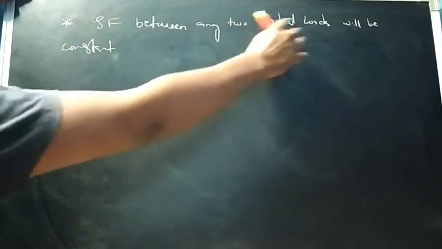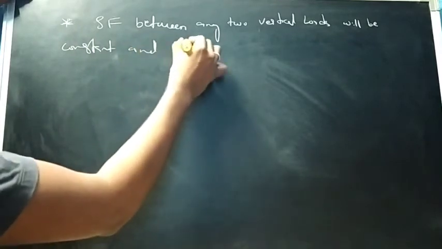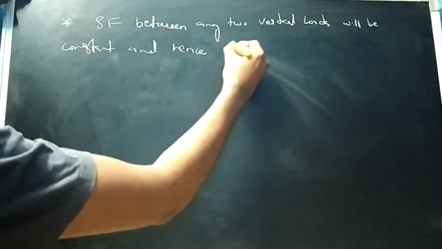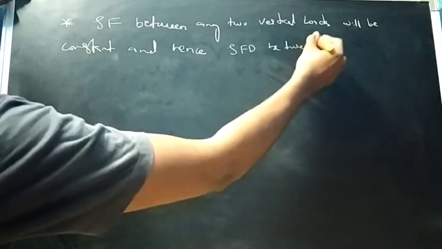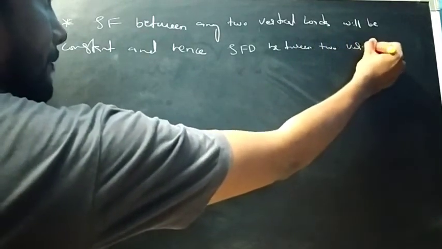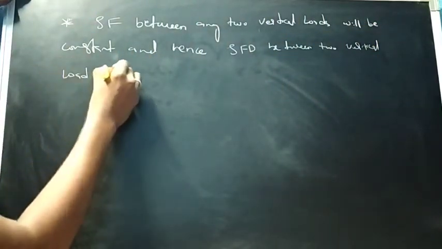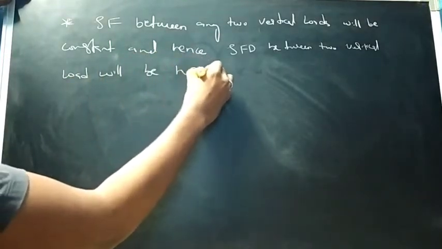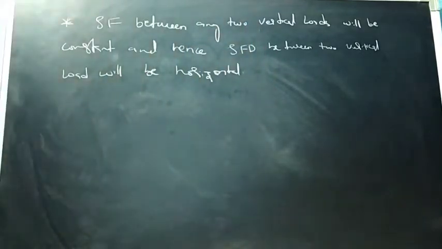Shear force between any 2 vertical loads will be constant, and hence the shear force diagram between 2 vertical loads will be horizontal, right?